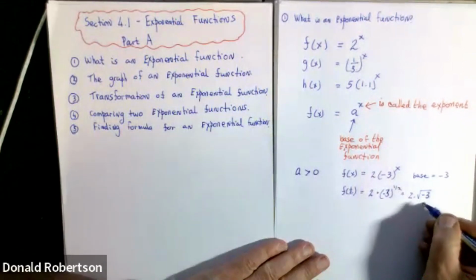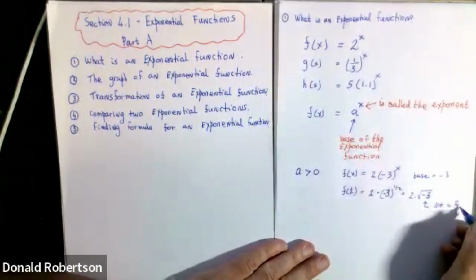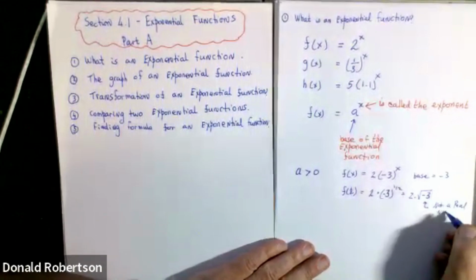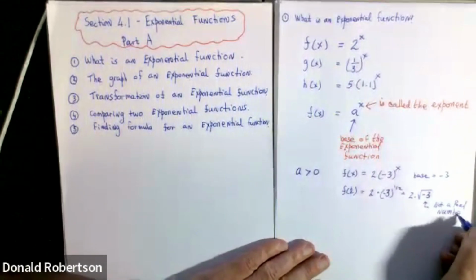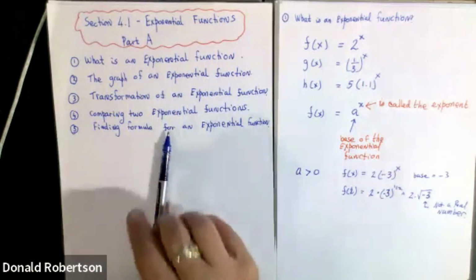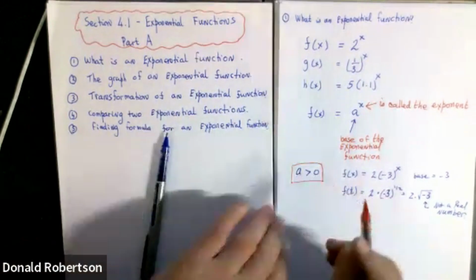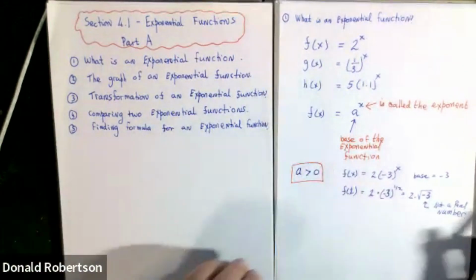And there's your problem. That's not a real number. And we only deal with functions whose values are real numbers, not complex numbers. So that's our first very important rule, that the base of an exponential function must be a positive number.